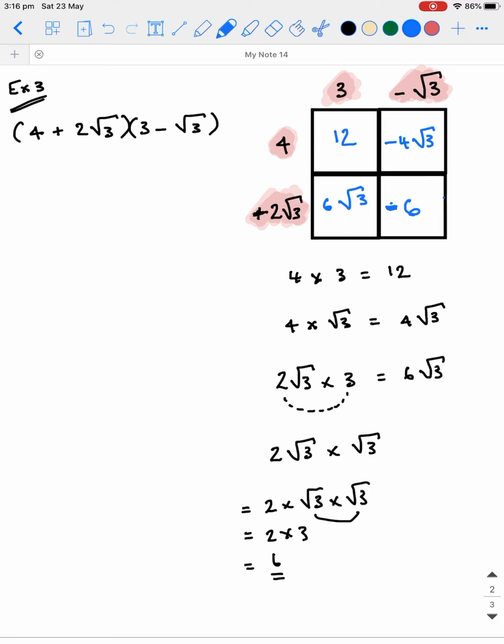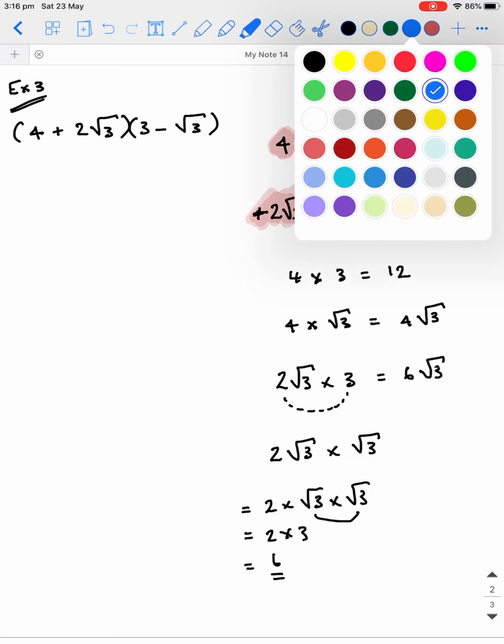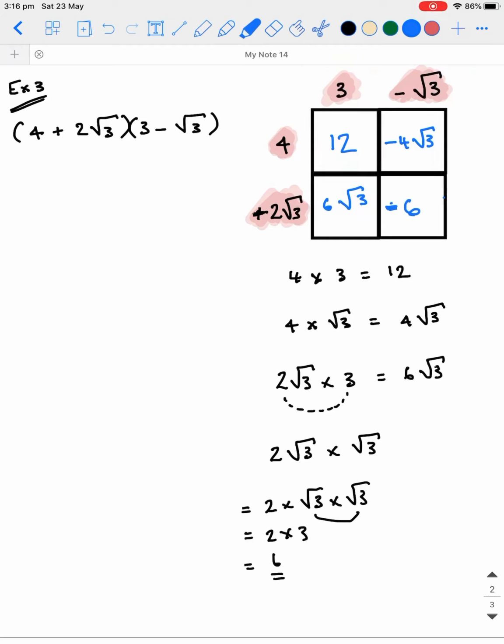Now, when I look at my grid, what I then want to be able to do is make sure that there aren't any like terms that I can collect together. Now what you'll notice here is that you have a 12 and you have a negative 6.